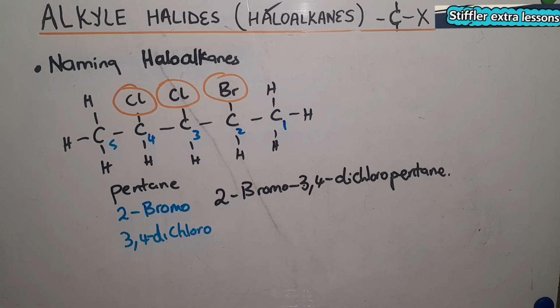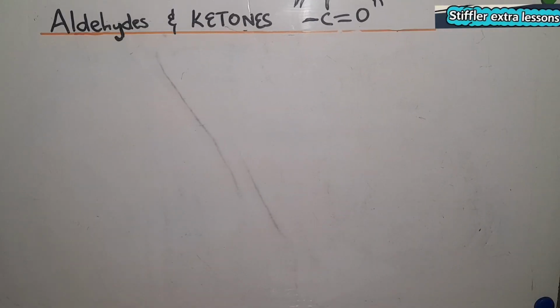So now let's go on to aldehydes and ketones, and then we'll be done for the day, right? I hope you still got the energy. So now we are on aldehydes and ketones.